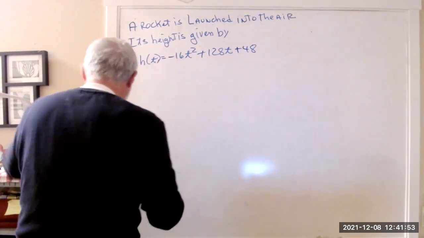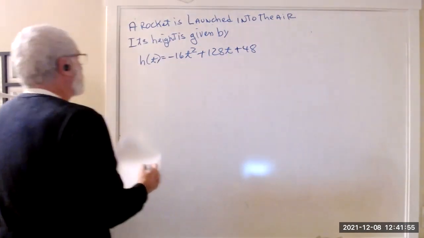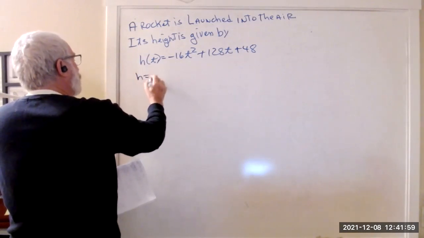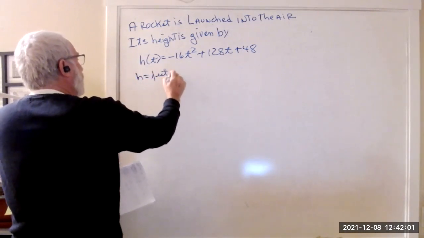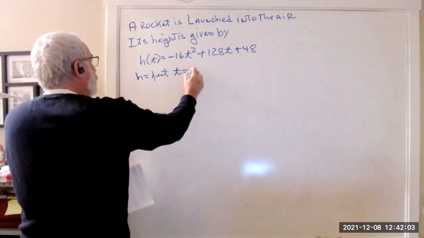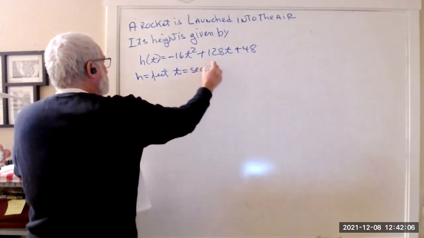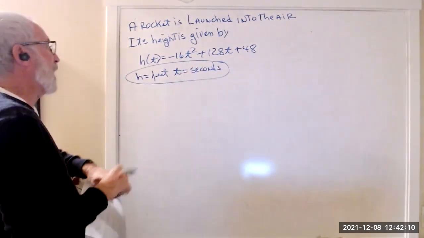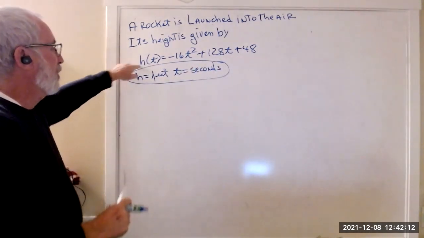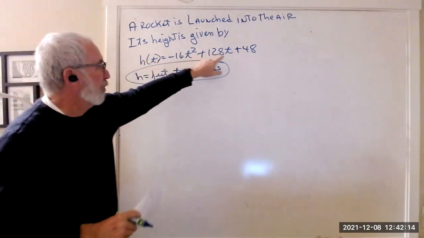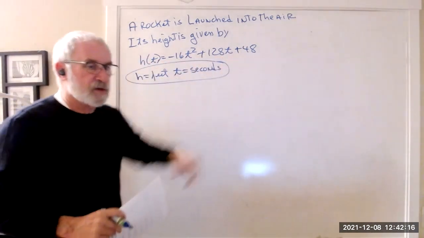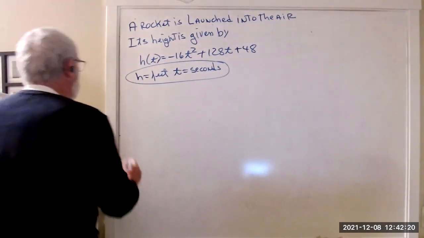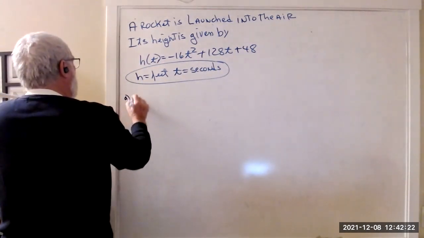Let's say h is in feet and t is in seconds, just for our units. So its height in feet is given by this formula regarding time, measured in seconds.